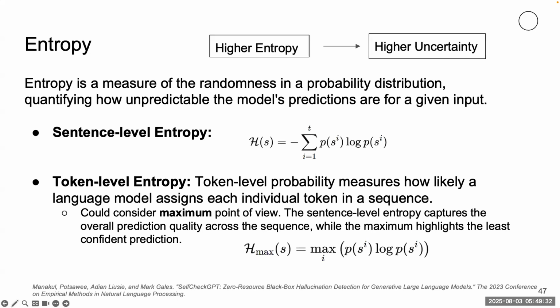So let's think about entropy. It's a general term in physics, but it's borrowed by computer scientists. A higher entropy basically indicates higher uncertainty. It's a measure of randomness in the probability distribution, quantifying how unpredictable the model's prediction is for a given input.